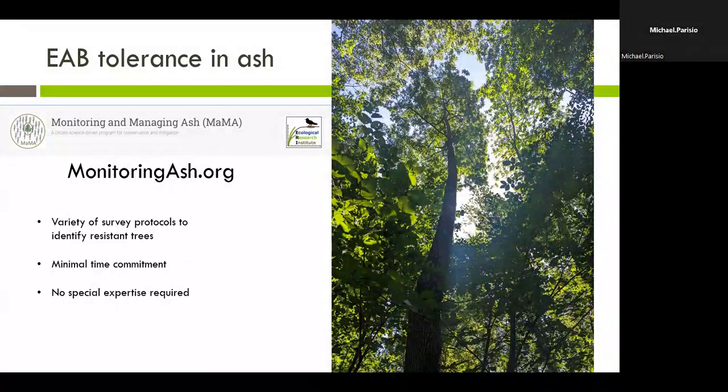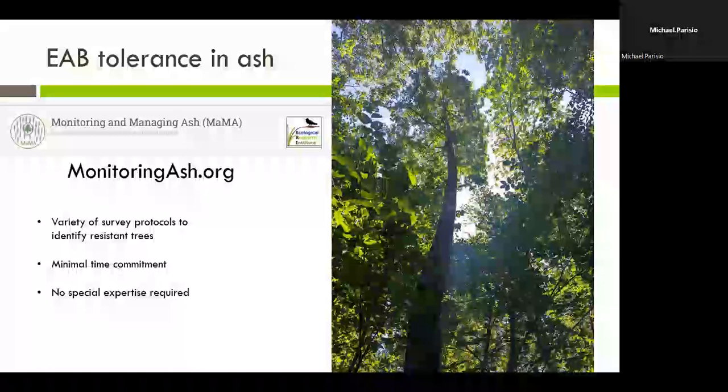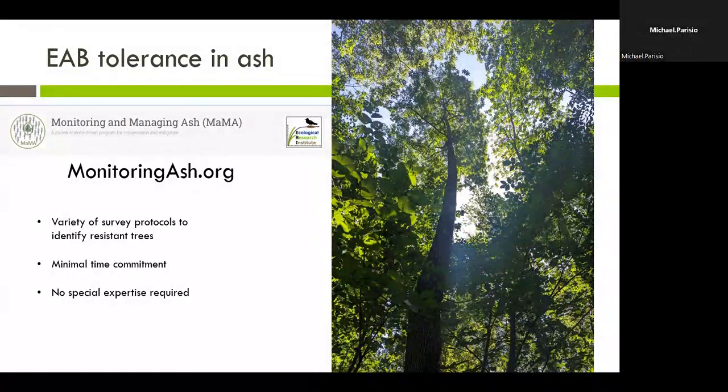And that's their most extensive survey protocol. They have others that are less labor intensive than that. So if you have land that you want to maybe include in this sort of program, you can go to their website and get more information on how to participate.